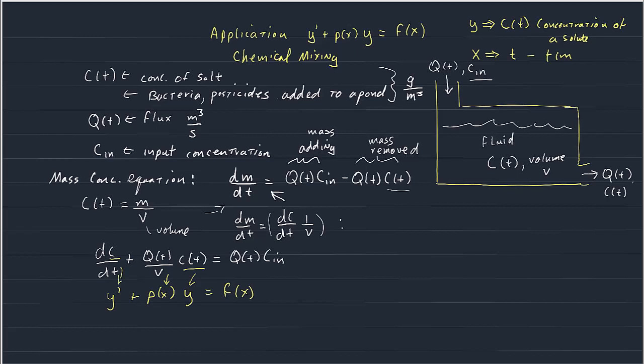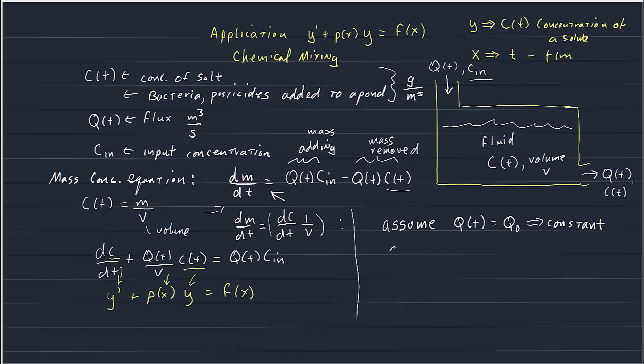So in our application, let's assume that the amount of fluid flux that we add and remove is equal to a constant. Our stream feeding our pond is feeding it at a constant rate, constant flux, and the stream removing water from our pond is removing it at the same constant rate.